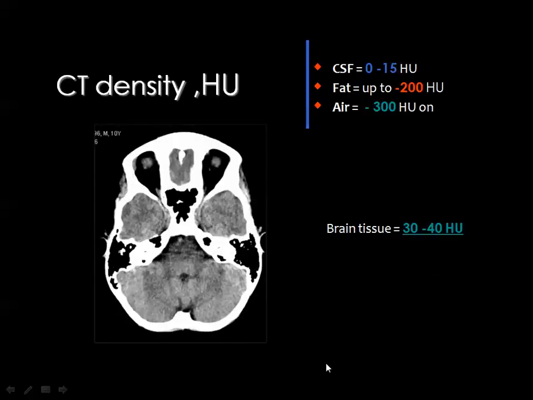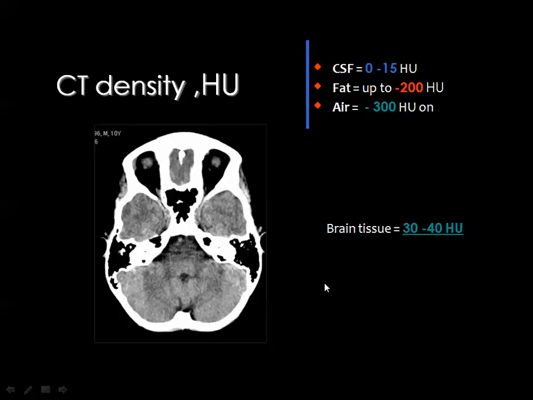Then why does the lesion appear hypodense or hyperdense? This is related to what is known as the CT density or the attenuation value, and this attenuation value is measured by the Hounsfield units. You know that Hounsfield was the British physicist who introduced the CT machine in the late 70s.